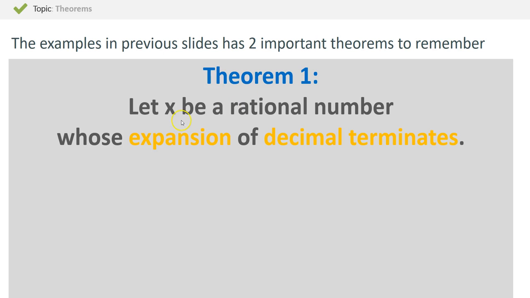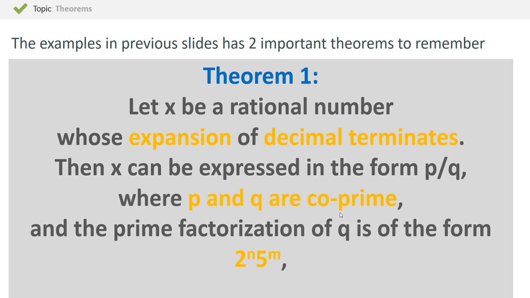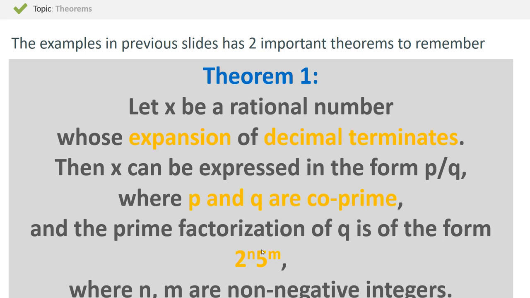So if I know there is a number x which is a rational number and whose decimal expansion terminates, then x can be expressed in the form of p by q, where p and q are co-prime, and the prime factorization of q is of the form 2 to the power n and 5 to the power m, where n and m are non-negative integers.